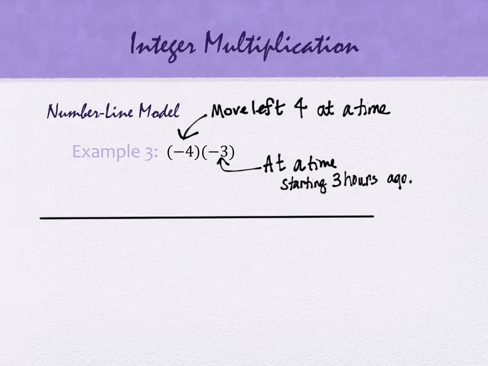You could use days, you could use years, I don't care, but some kind of time frame. So here's what I mean. We're going to move left 4 at a time. And we're going to do it 3 times.